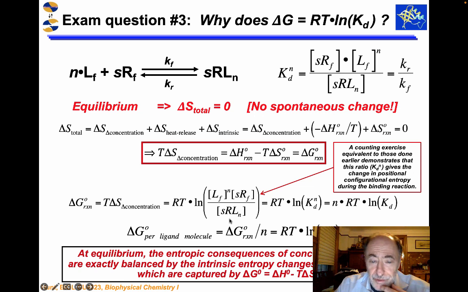But you should be able to, in one sentence, concisely summarize for anyone who asks you, where the hell does the Gibbs relationship come from?